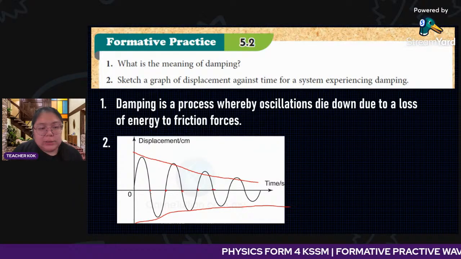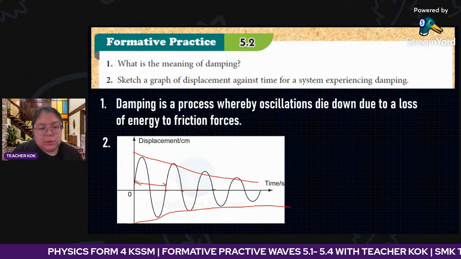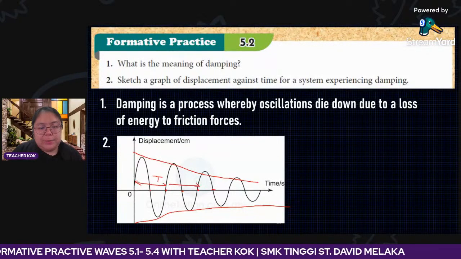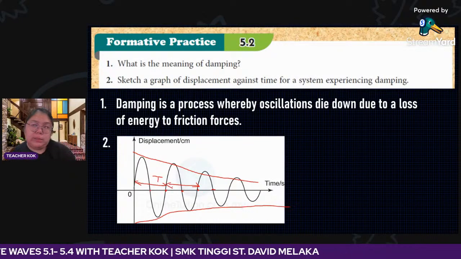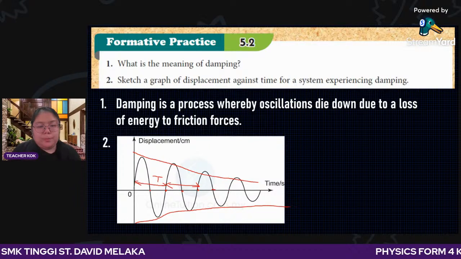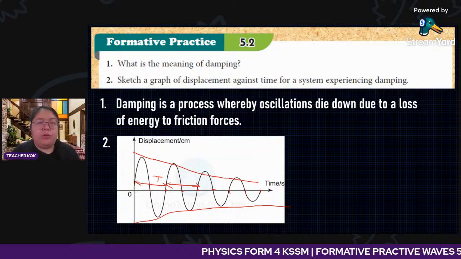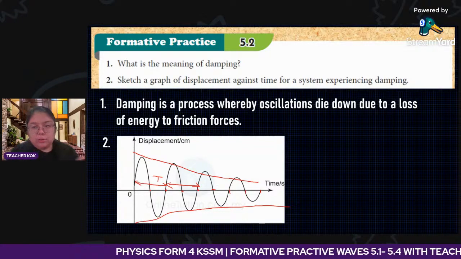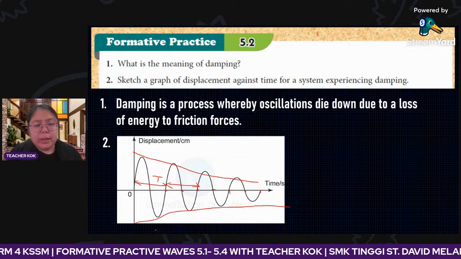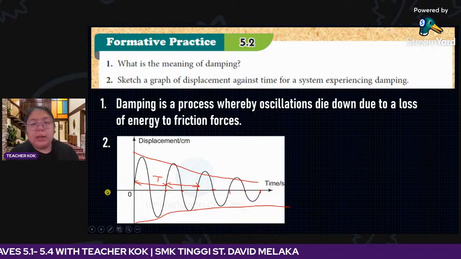If I start from 0, this one is time, which we call the period. The period is always the same and the distance is always the same. We don't make it become smaller. So better you jot down a note for every part, so when you draw it is easier. If not, you may make it shorter or closer together. So this is one of the tips to teach you how to draw the damping wave pattern.